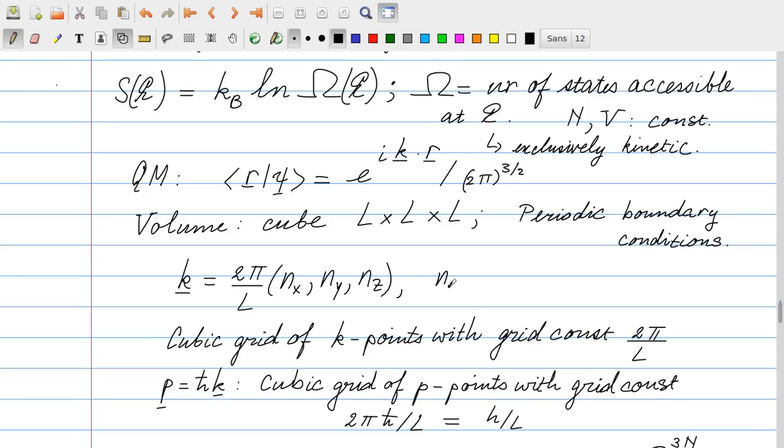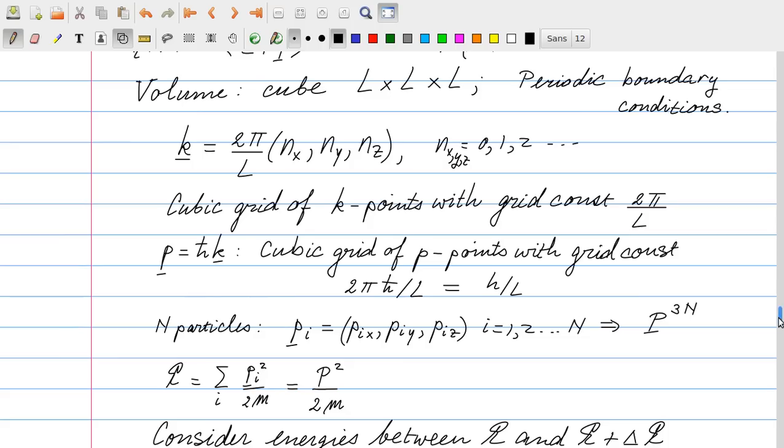The nx can be 0, and this is also true for y and z. They can be 0, 1, 2, etc. So the k vectors that can be occupied lie on a cubic grid of k points with a grid constant of 2π over L.